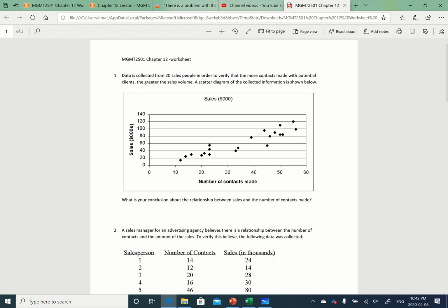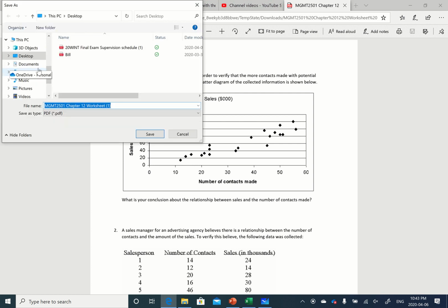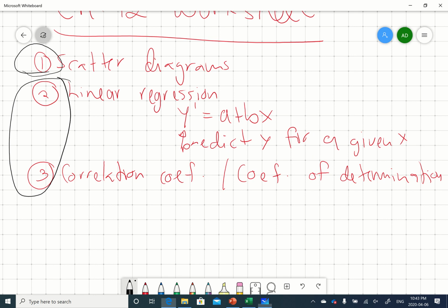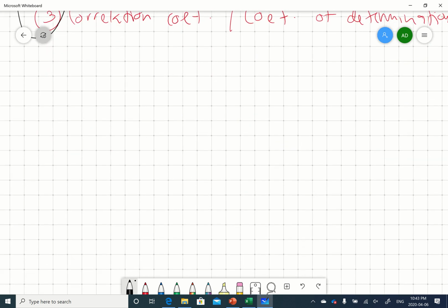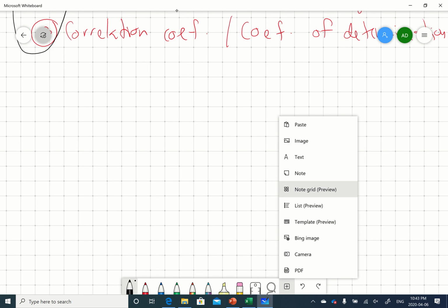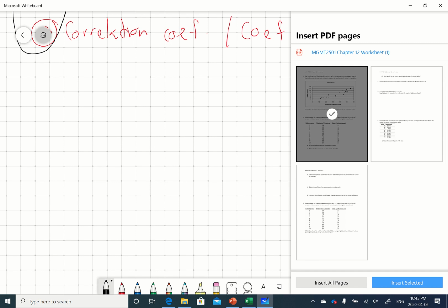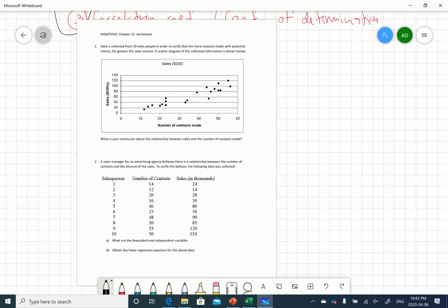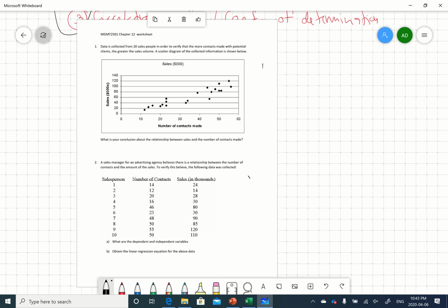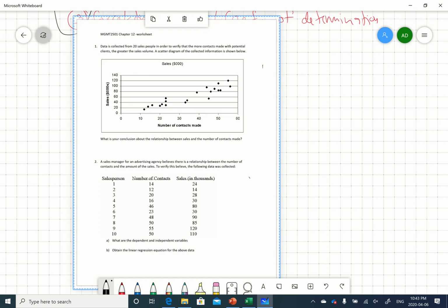Yeah, so let's save it. Desktop. Okay, so I can open it here.